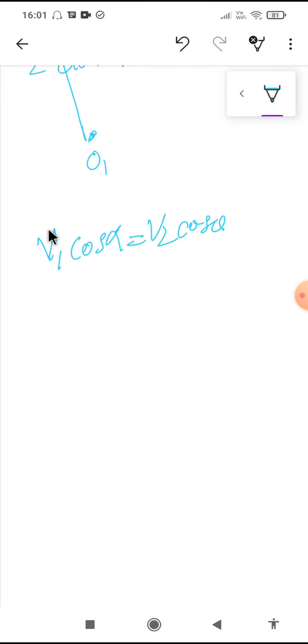Now v is a linear velocity. If I want to convert into angular velocity, we know the relation v is equal to omega r. So instead of v we will use omega r. Here for v1 the related angular velocity will be omega 1 and r.